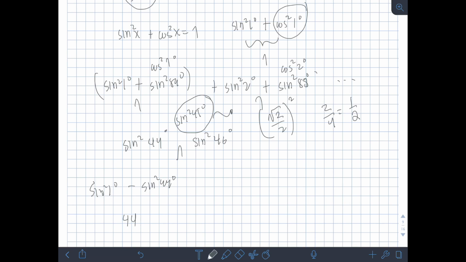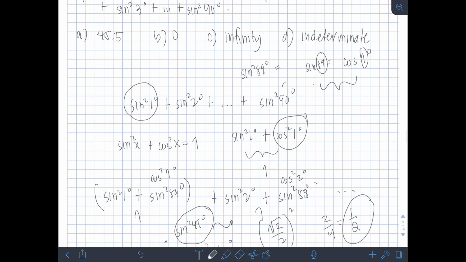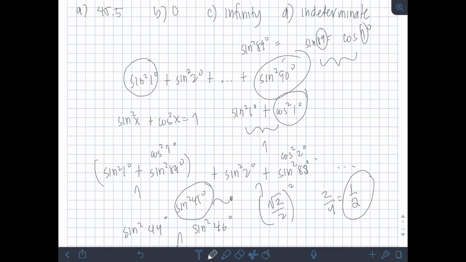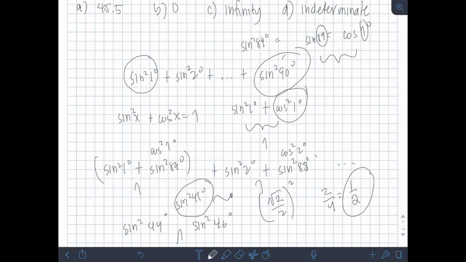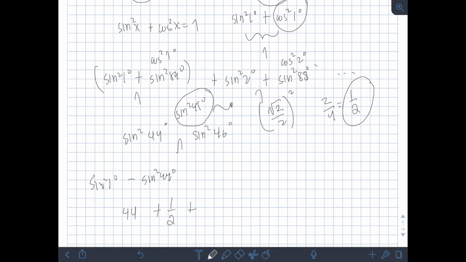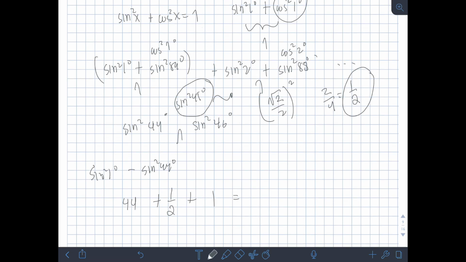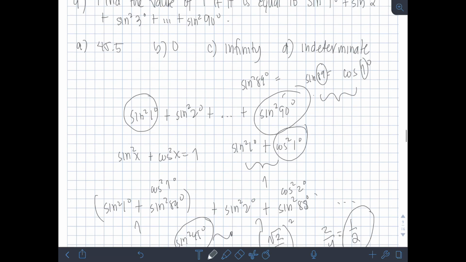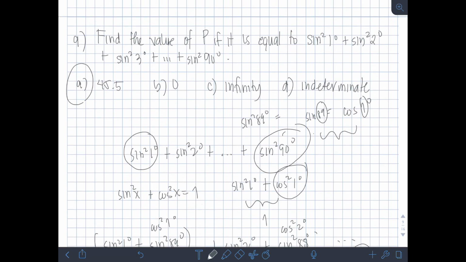Tapos, meron tayong in-between na sine squared 45 degree, which is na-solve natin na 1/2. And then, last yung sine squared 90 degree. Kasi wala naman na siyang pair. Wala naman tayong sine squared 0. So, plus sine squared 90 degree, alam natin na yung sine 90 is 1. Square natin is also 1. So, therefore, our answer is 44 plus 1/2 plus 1 or 45.5. Okay, so therefore, the answer is letter A.